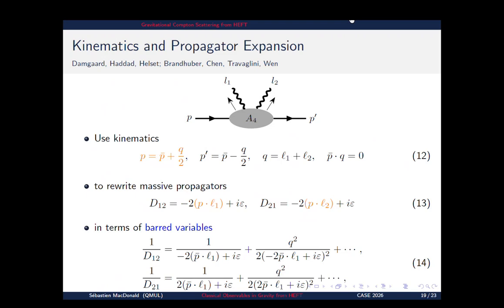In the classical limit, this is 0, and it makes your life a lot easier down the line. That's one of the main motivations for using these. So our massive propagators we can write like this, and we're going to write p in terms of p bar and q. And so m bar is large, so that's going to be our heavy mass limit, if you remember our heavy mass.